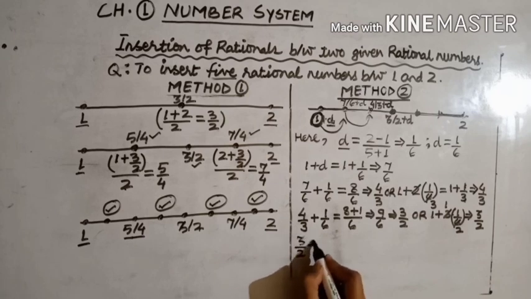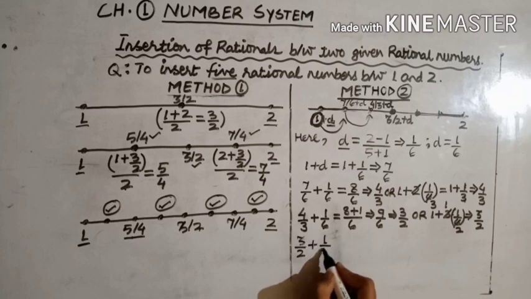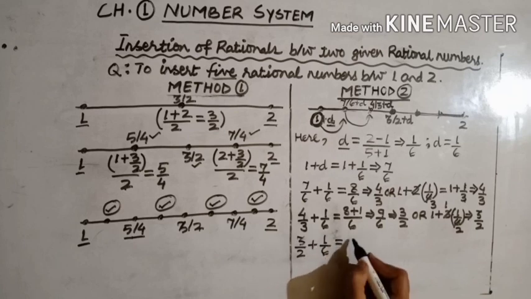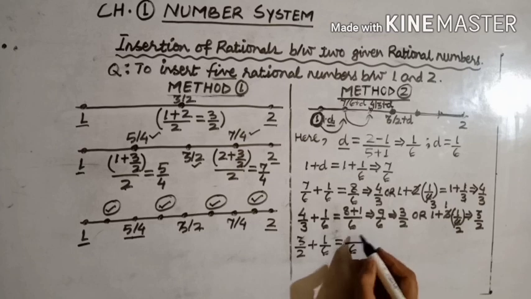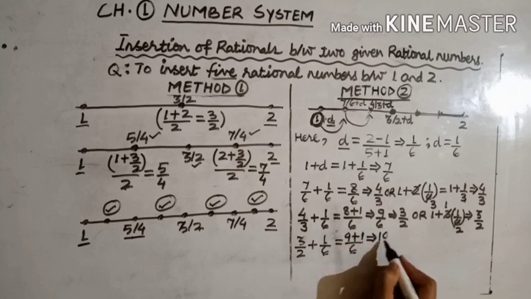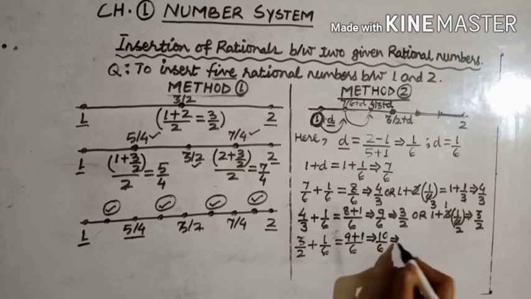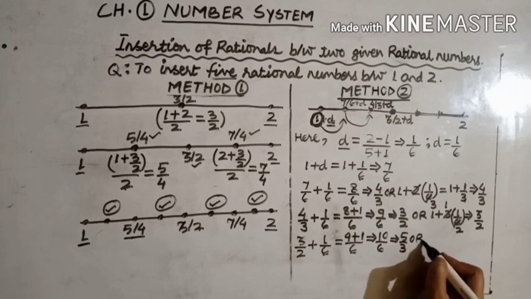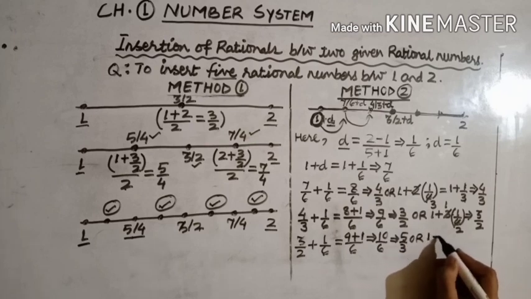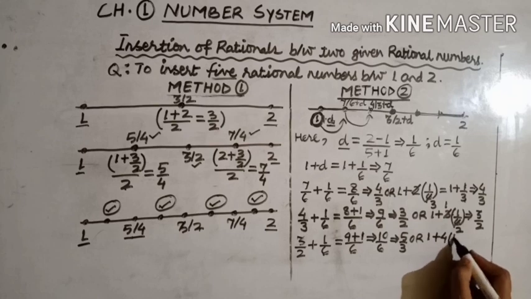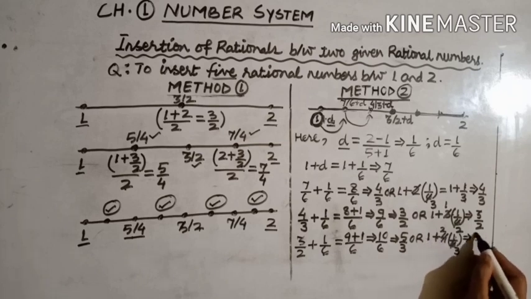So the next rational number you may calculate either by adding 1 by 6 to 3 by 2, or by adding 4D to 1. 3 ones are 3 plus 2 ones are 2, so it is 5 by 3.